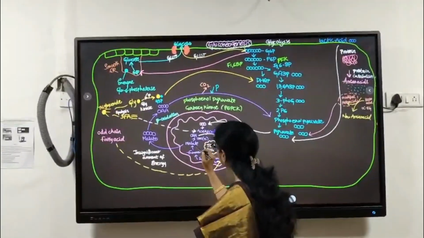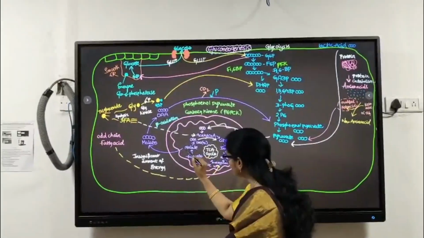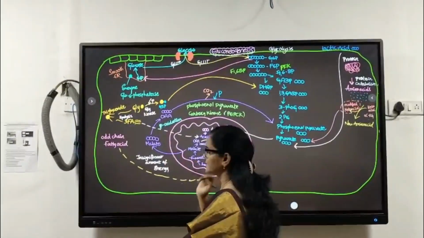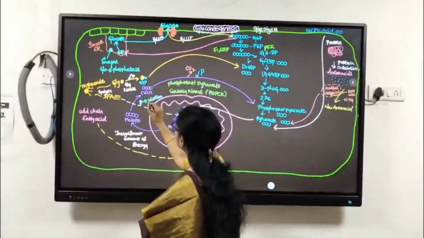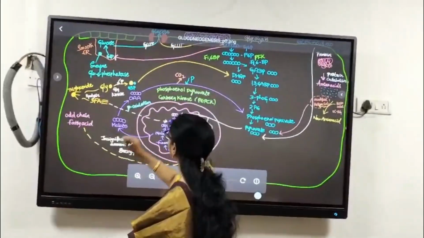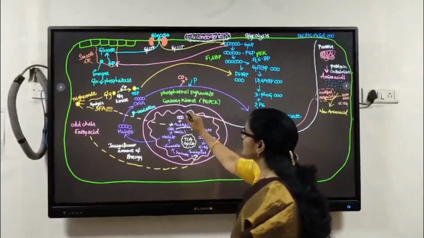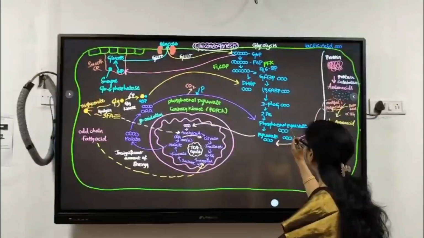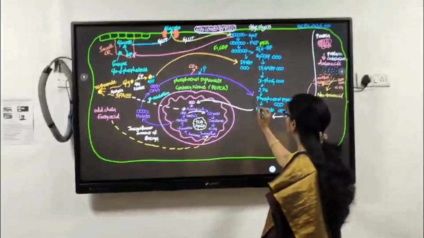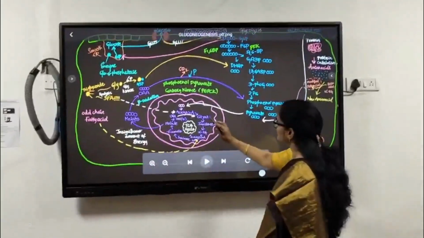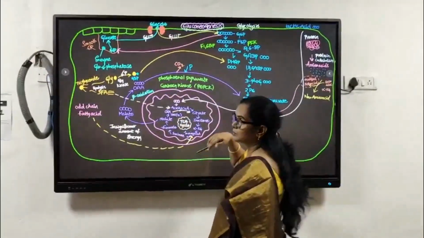OAA gets converted to malate in gluconeogenesis, and this malate is freely permeable across the membrane and enters the cytoplasm. Here in the cytoplasm, this malate again gets converted to oxaloacetate. Then oxaloacetate, with the help of phosphoenolpyruvate carboxykinase, forms phosphoenolpyruvate. In that way, from pyruvate, phosphoenolpyruvate is formed by utilizing the mitochondrial matrix enzyme, pyruvate carboxylase.